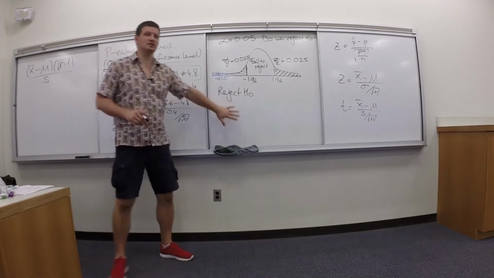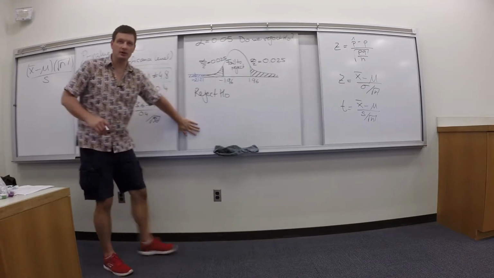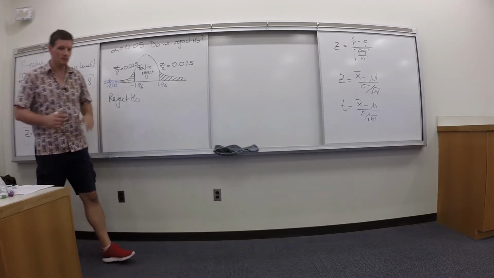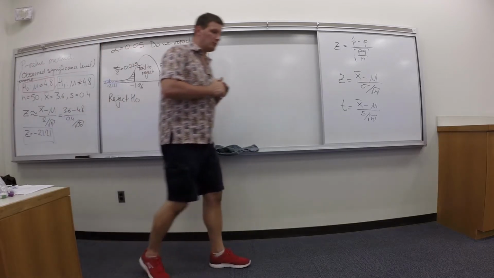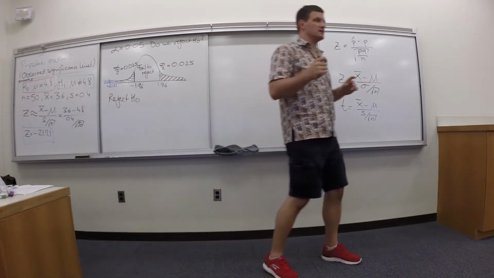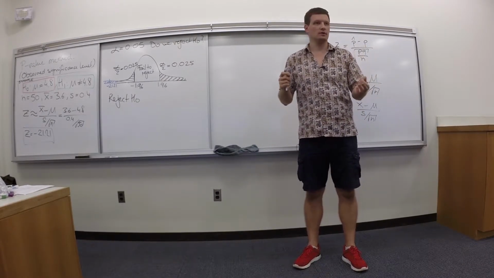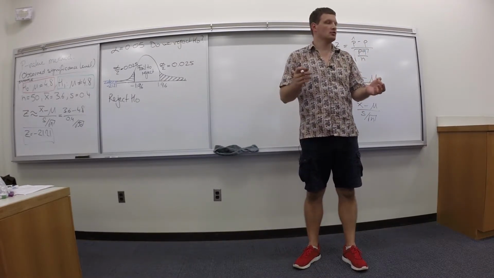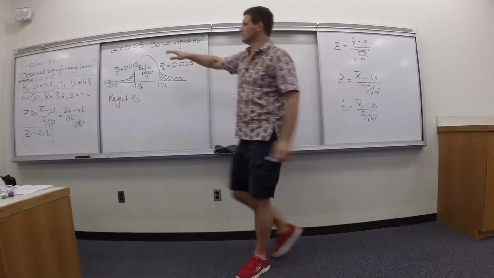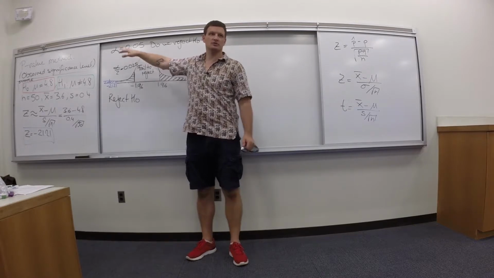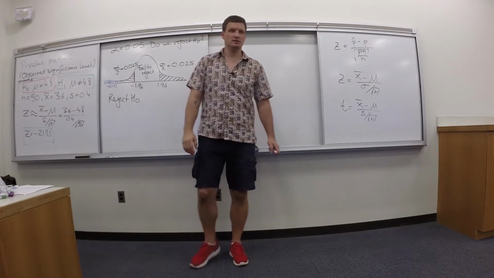So this is the traditional method. Now, the p-value method works slightly differently. The p-value method says we're going to compare the observed significance to the significance level that is given to us. How do we get the observed significance?